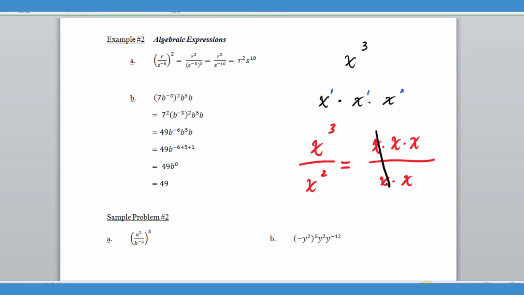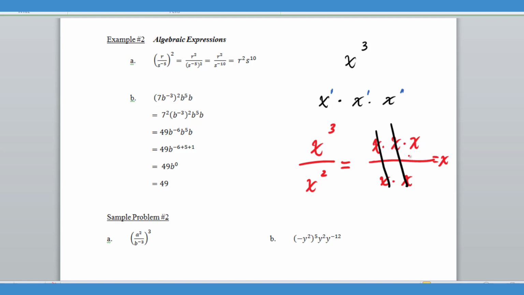So this x and this x can cancel out, and this x could cancel out, and that would leave you just an x to the first power as the answer. Now, the reason that we can cancel these top and bottom terms is because they're being multiplied together. So if they were being added together, you cannot do that.